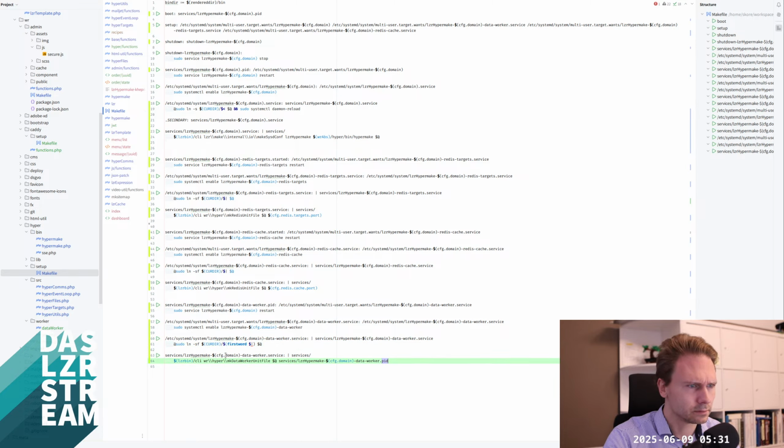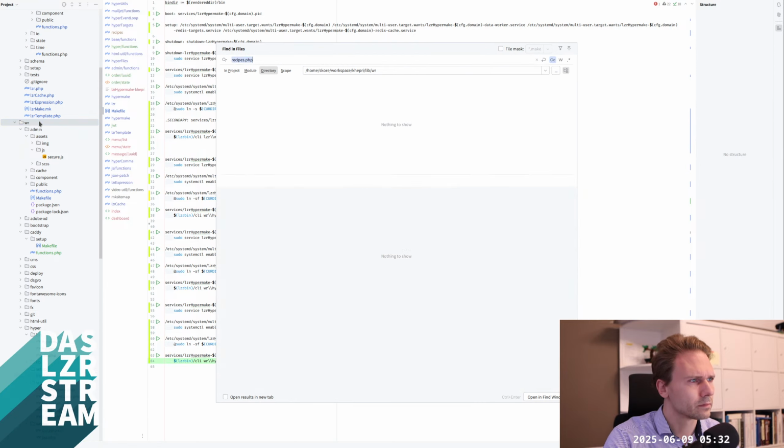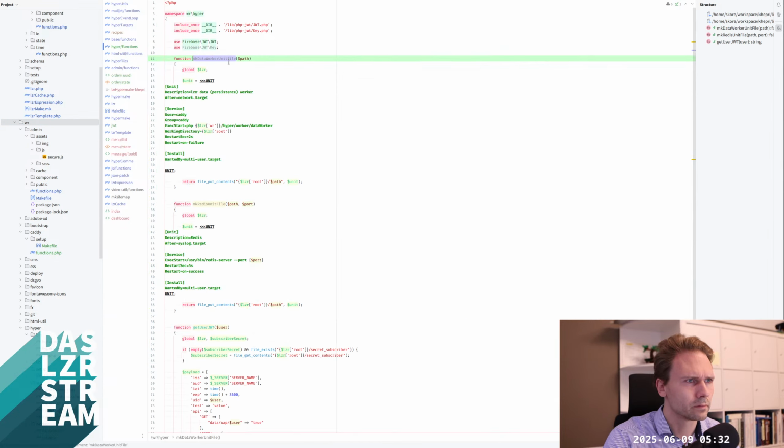This is the path, and then the other argument is the PID file.